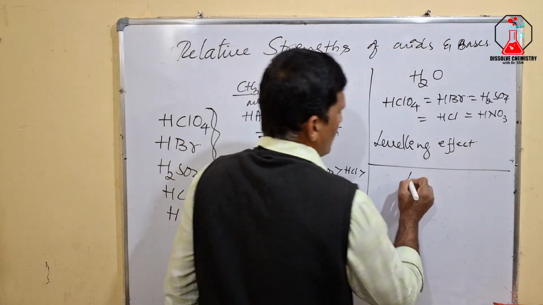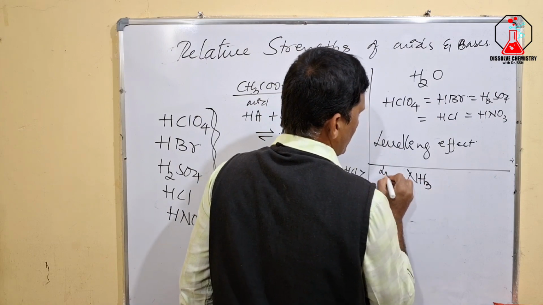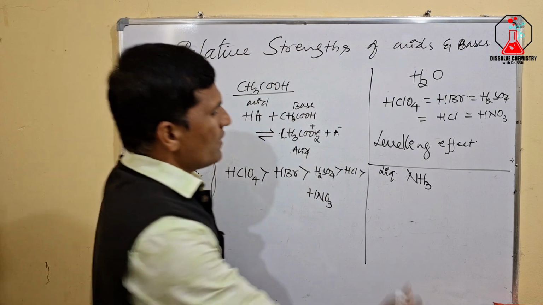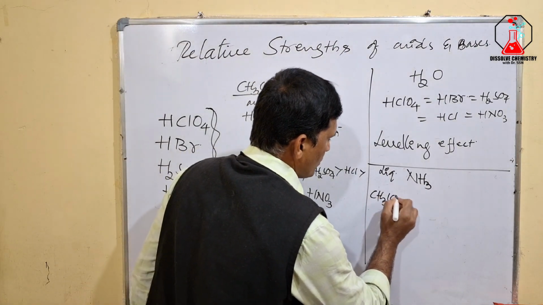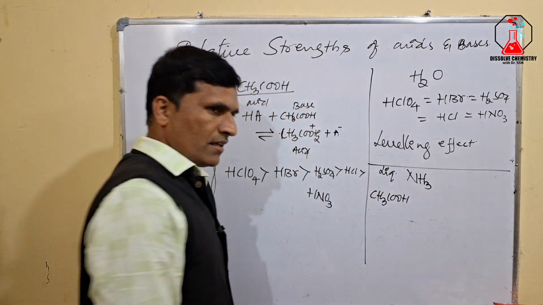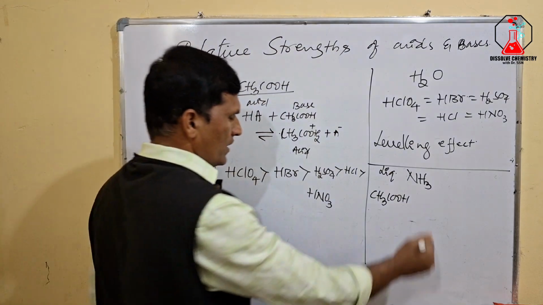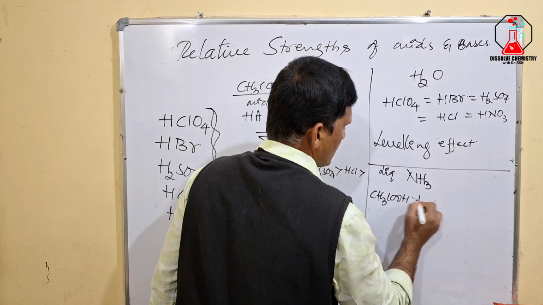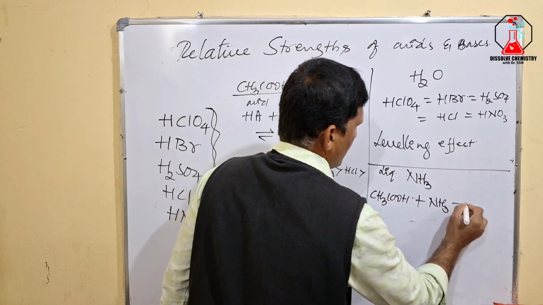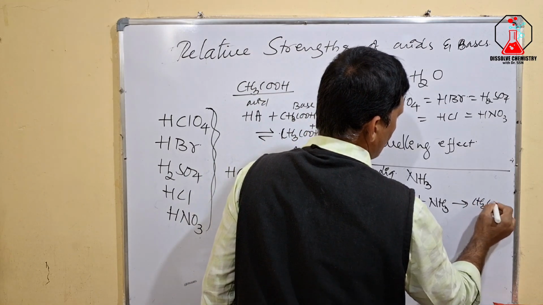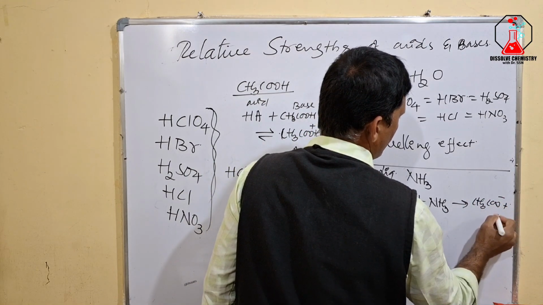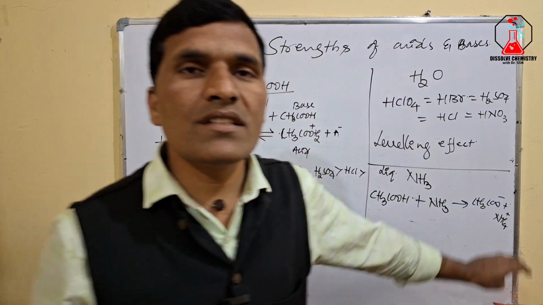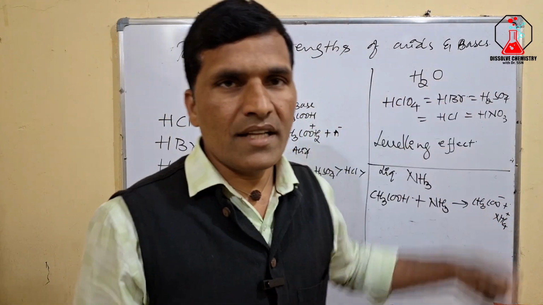If we take all these acids in liquid ammonia, then even acetic acid ionizes completely, and we cannot differentiate its strength from the other acids.